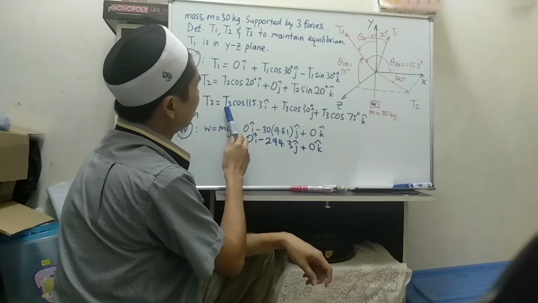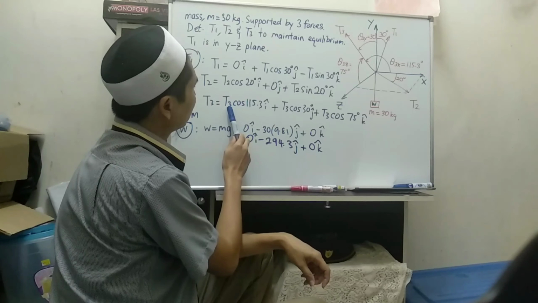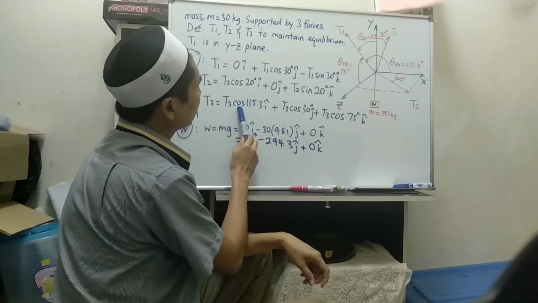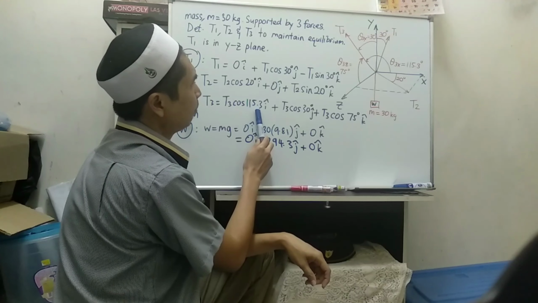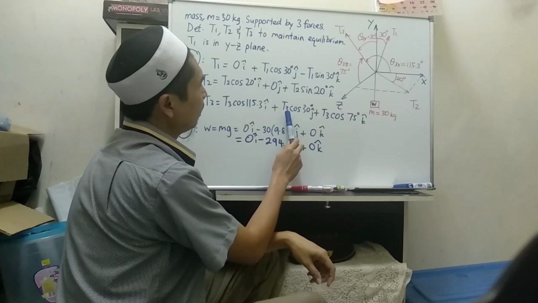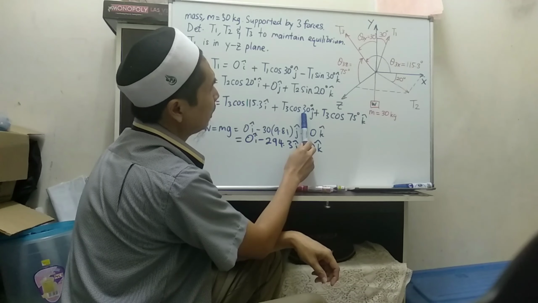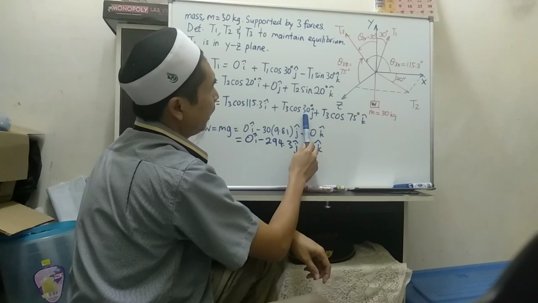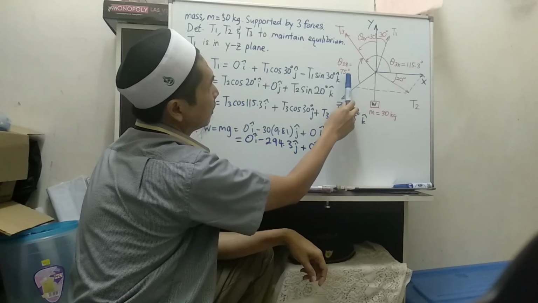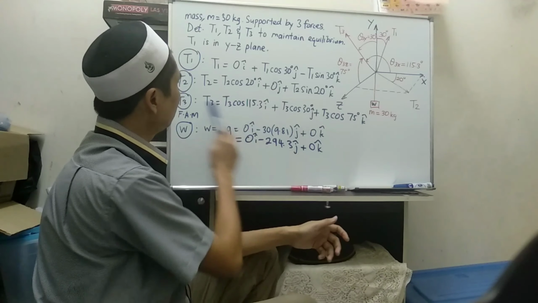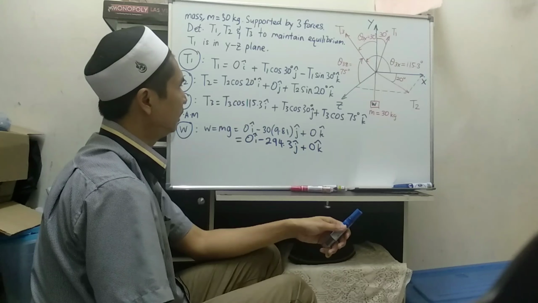For the X component, T3 cos 115.3. For the Y component, T3 cos 30 degrees J, plus T3 cos 75 degrees K. So this is the vector force for T3 in terms of IJK.